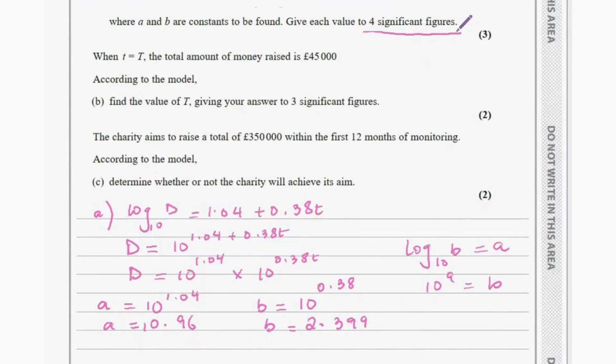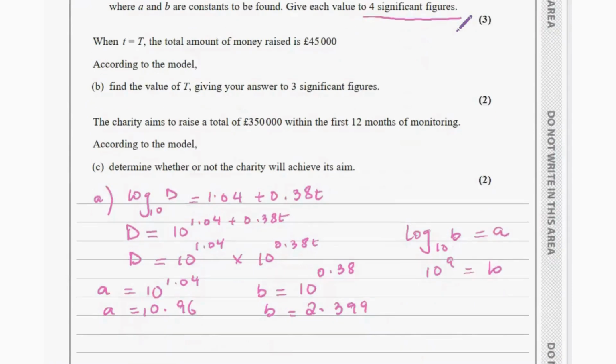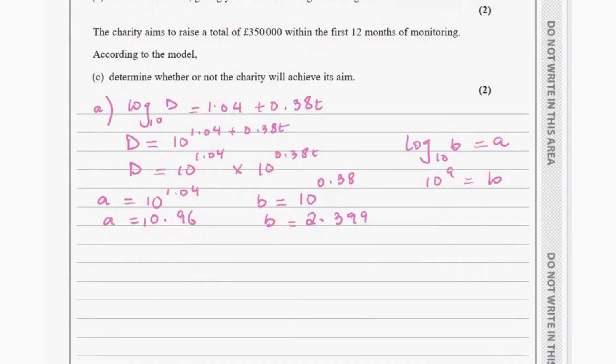Then when T equals capital T, the total amount of money raised is 45,000 pounds. According to the model, find the value of capital T, giving your answer correct to 3 significant figures. So D represents the total amount of money being raised.